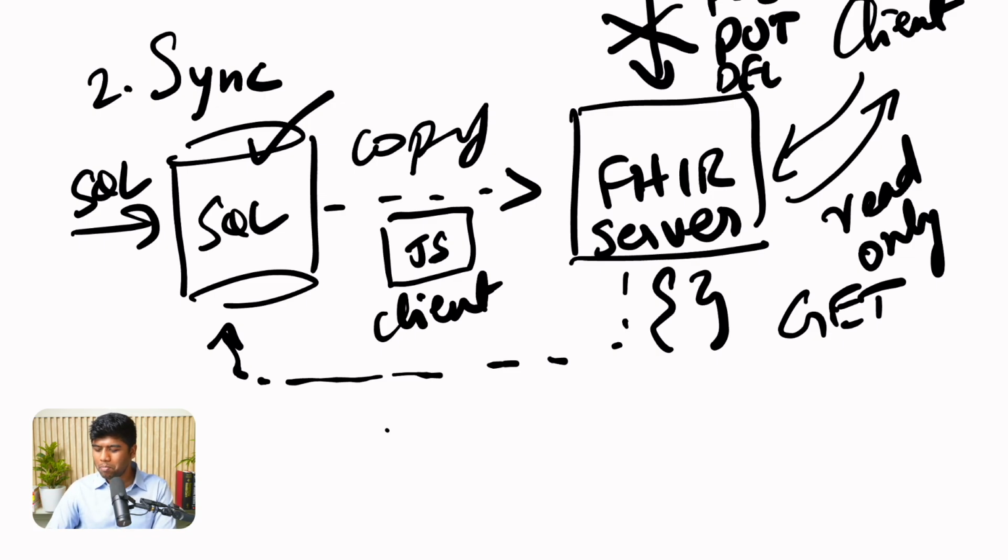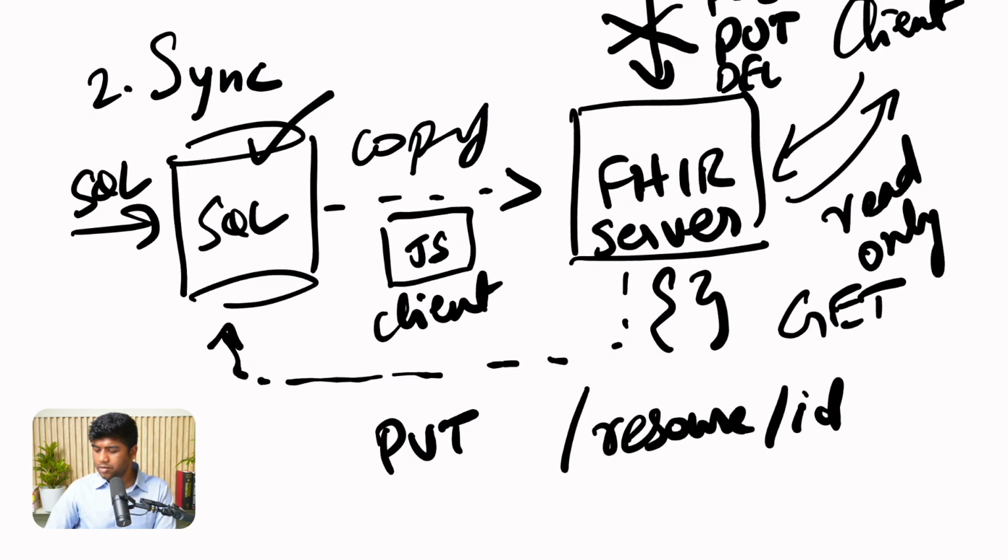So we usually do a put request of these resources so that, even if this happens multiple times, for example, put resource/ID. If you do this, then you're kind of safe. Even if there are multiple copies of the same data, you don't create multiple copies in your FHIR server. Usually, when you're using change data capture, it's common to have multiple copies of what's happening in SQL.